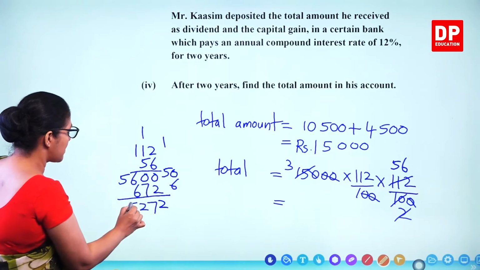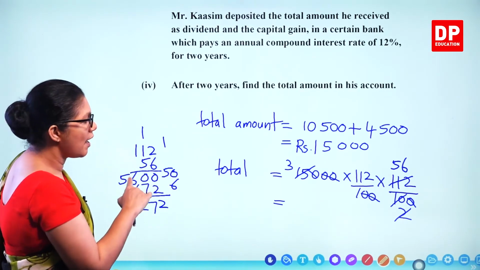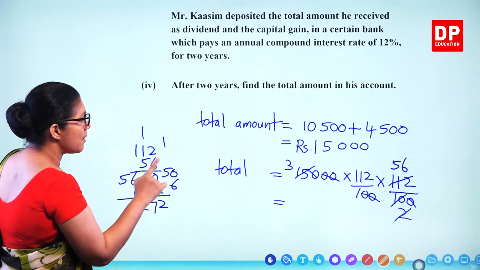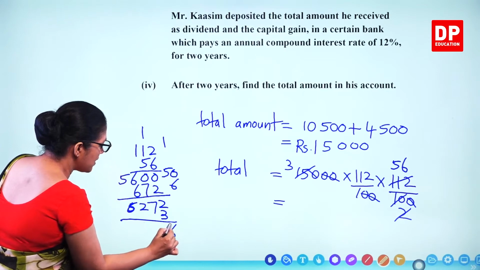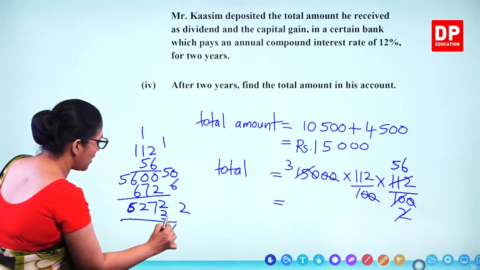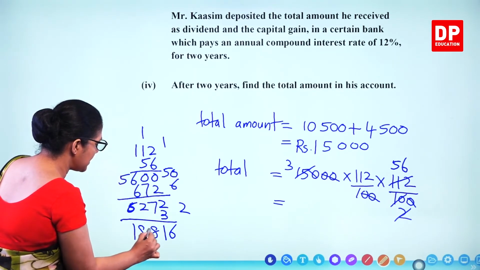And here 6, 62. 6 and 6, 12. You have to add 1. Now you have to multiply by 3 again. 3 times 2, 6, 3 times 7, 21, 3 times 2, 6 plus 2, 8, 3 times 6, 18.